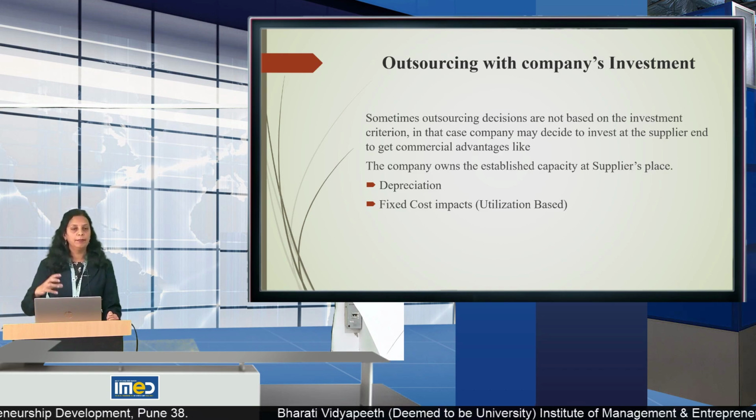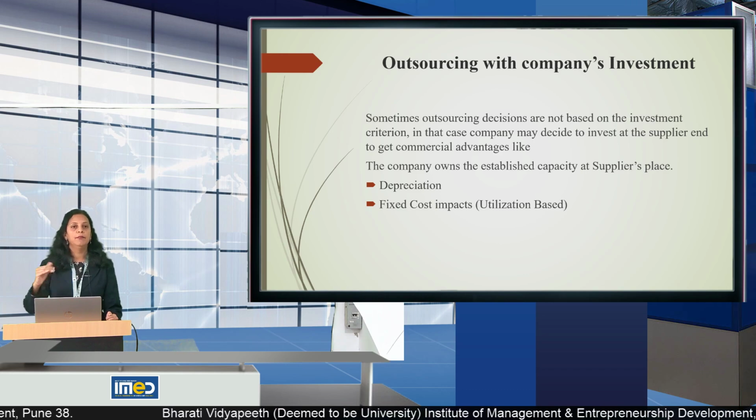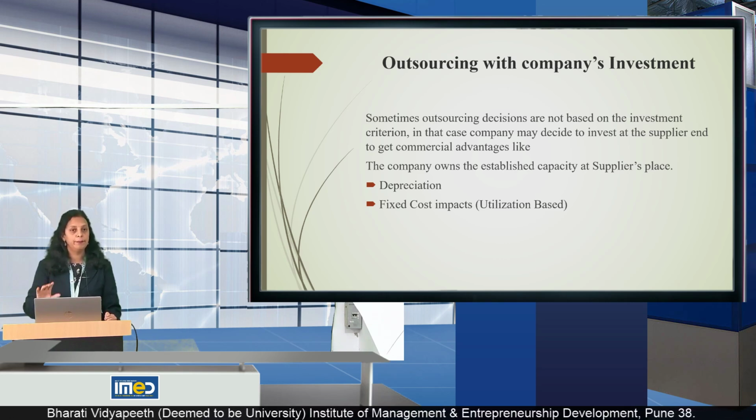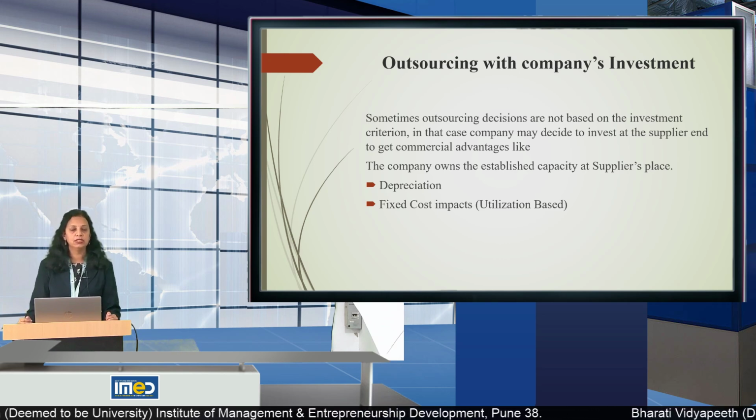If the company invests in the supplier's place, they get the advantage of the fixed cost. The supplier will not charge the cost of investment or depreciation, so the fixed cost impact will not be there on the product cost, and it will be beneficial for the company. So these are the special situations when the company has to make the decision.